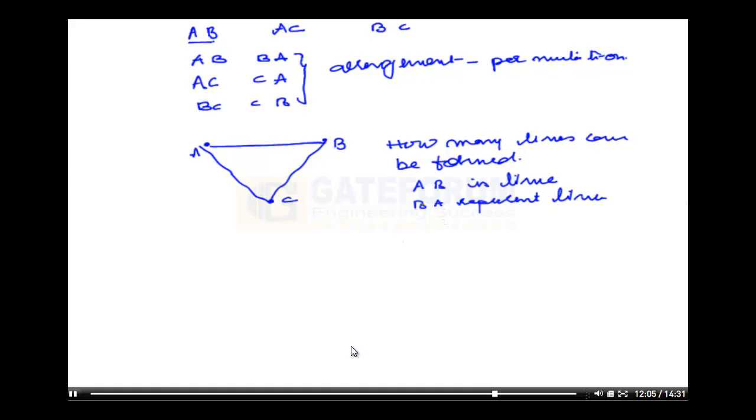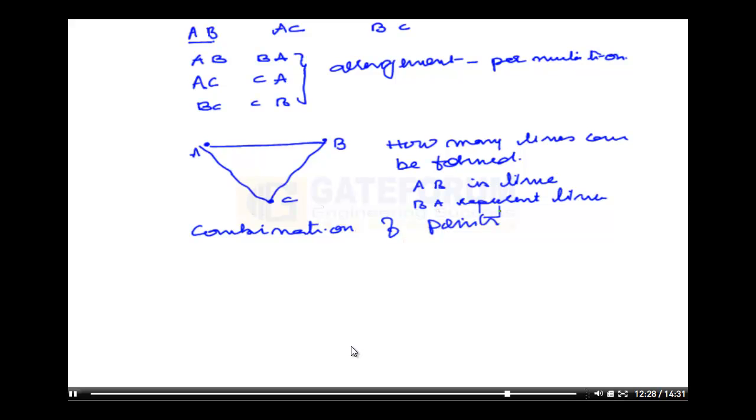Still, looking at the question, we can say here order is not given importance. Therefore, we apply in this case combination of the points. Combination of points are taken.